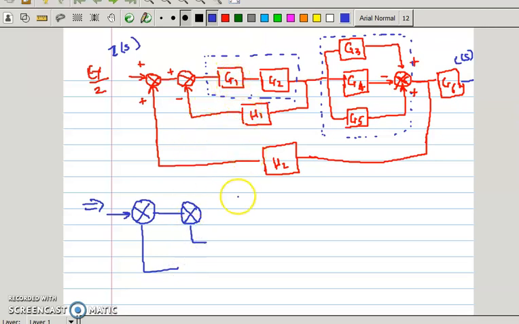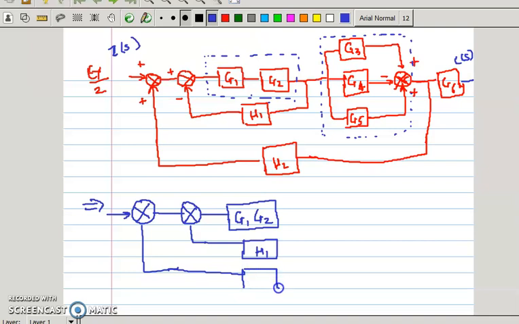G1 and G2 are in series, so we can club them into a single block, that is G1 into G2. That feedback is as it is, H1, and this feedback is again as it is, H2.